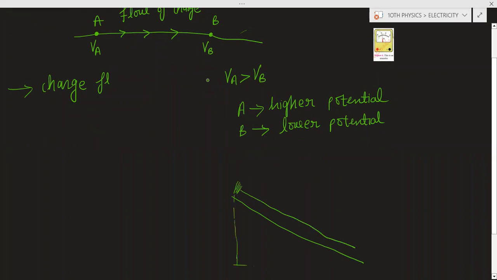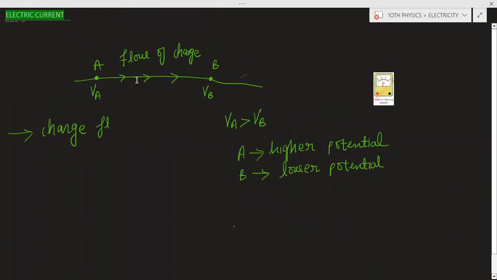This water will flow in this direction, from maximum height to minimum height, or from minimum height to maximum height? We know that water always flows from the maximum height to the minimum height, unless an external force or external work is applied. Naturally the water will flow from maximum height to minimum height. In the same way the charge will always flow from higher potential to the lower potential.